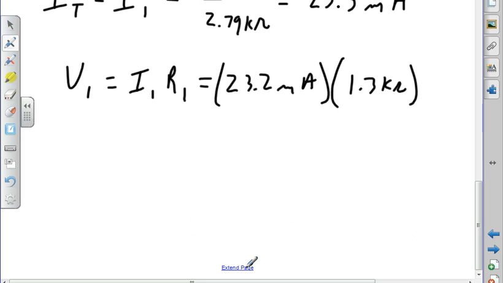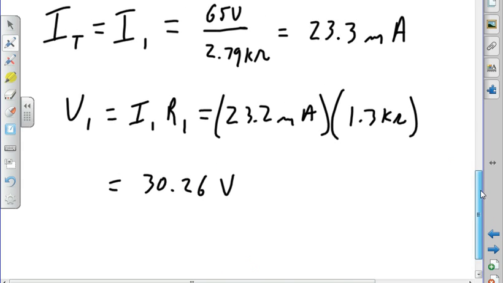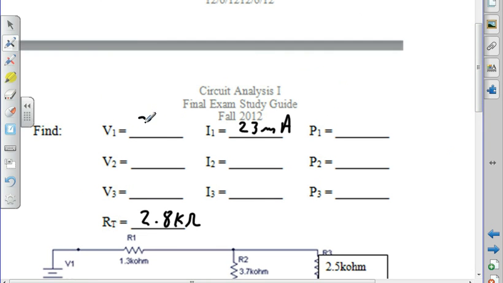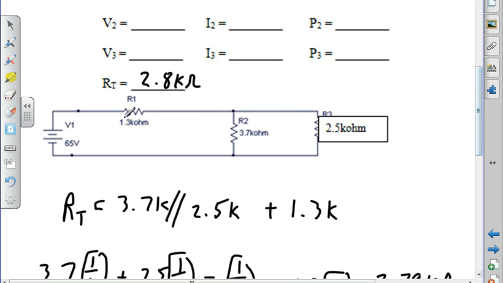Then I have 30.26 volts, but I'm only going to keep two significant digits, so I'll call it 30 volts. Now if I have 30 volts, 65 total, I lose 30 here, that's going to leave me 35 volts left over.